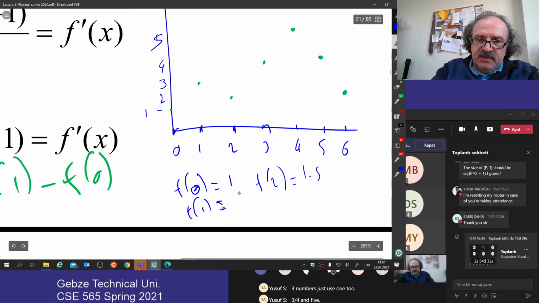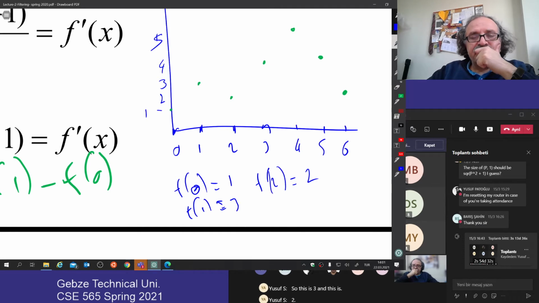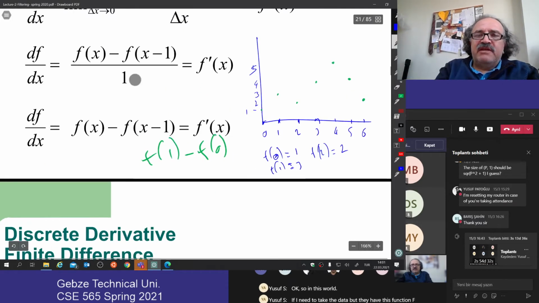So this is 3 and this is 2. In this world, if I need to take the derivative of this function f, I have to do this.